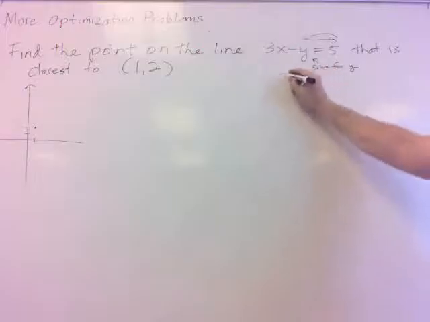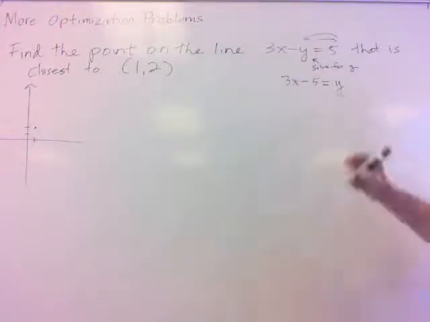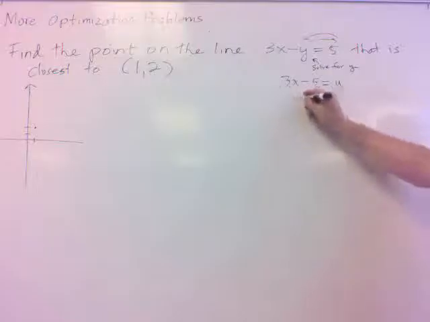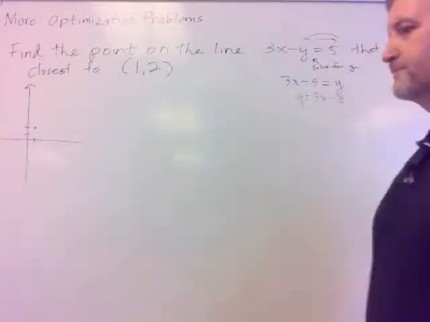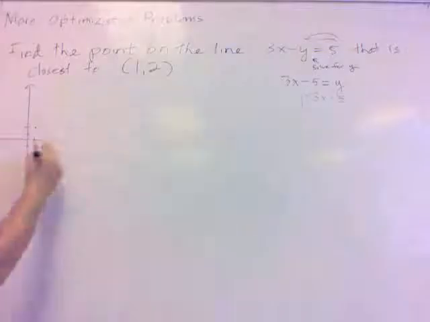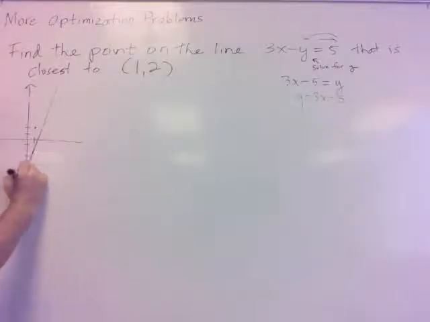That'd be 3x minus 5 equals y. So y equals 3x minus 5. That helps me graph it too, because that's a y-intercept of negative 5, rise and run 3 to 1. So anyway, there it is.